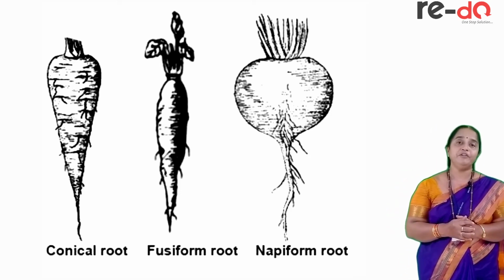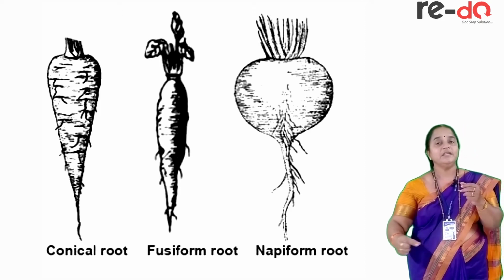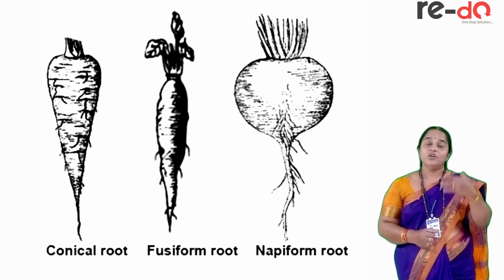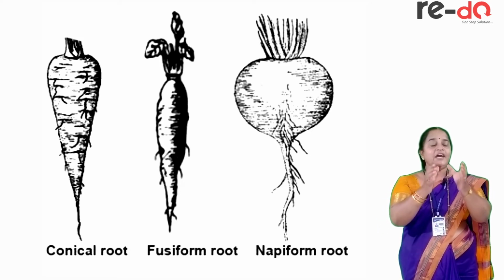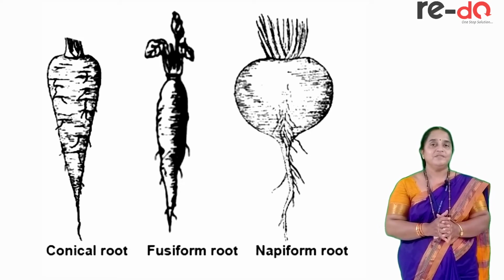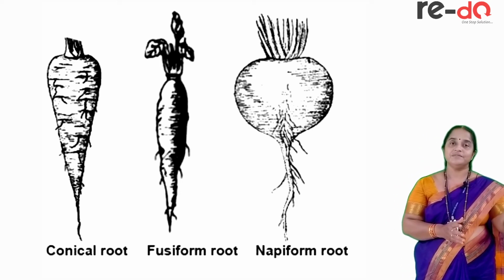Napiform root of beetroot, whose upper region is swollen and the lower portion is tapering. Conical root of carrot, where the entire root appears like a cone. So I told you, three tap roots modified for food storage.